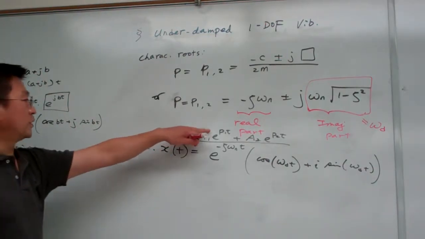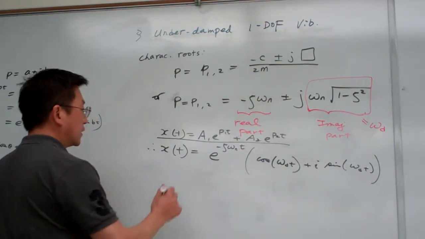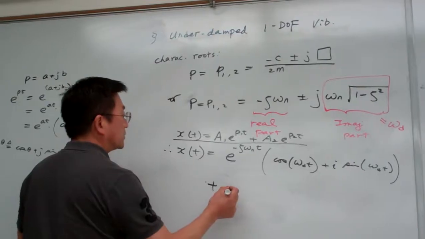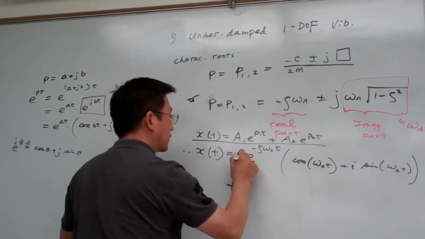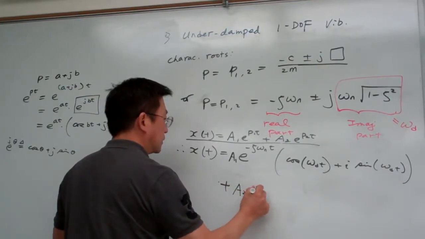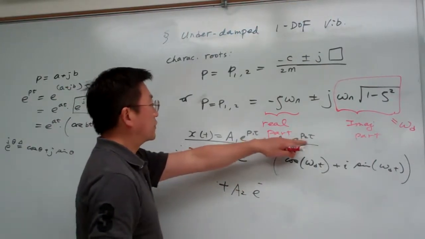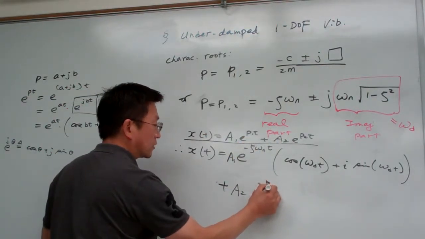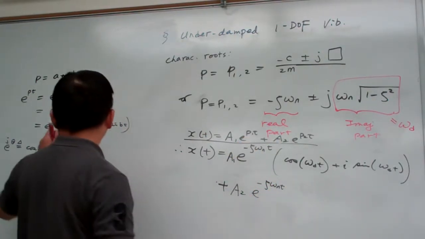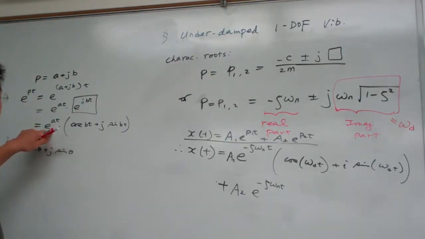So that is p1, and plus the second term, so that is A1 here, and multiplied by A1, this is A2, e to the minus. For p2 it is the conjugate part. Again, we're still using this template.